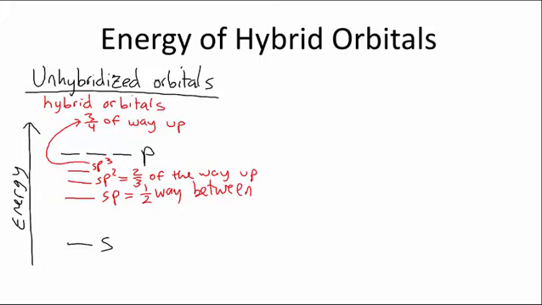So the moral of the story is, if you're looking at two carbon atoms with different hybridizations, an sp hybridized one effectively has lower energy orbitals than an sp2 hybridized one, which has lower energy orbitals than an sp3 hybridized one.